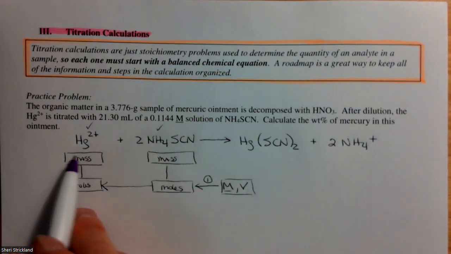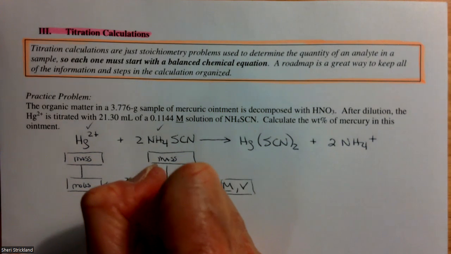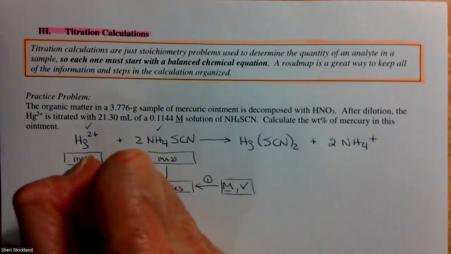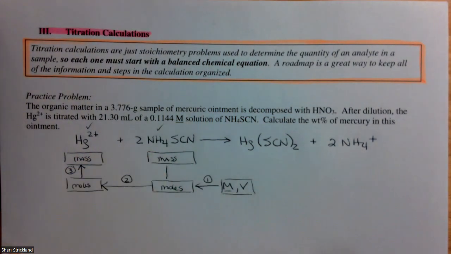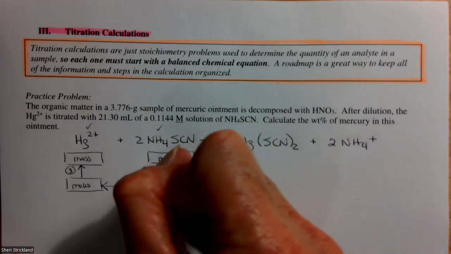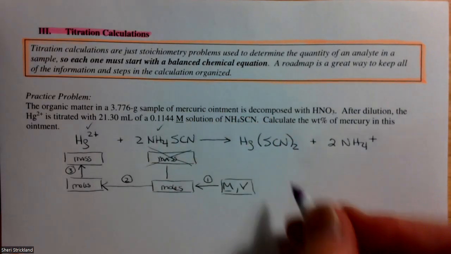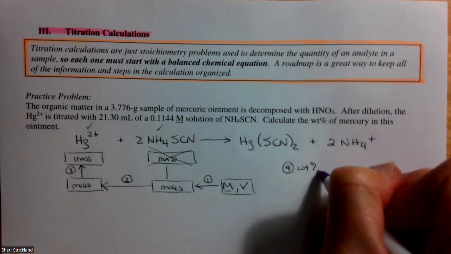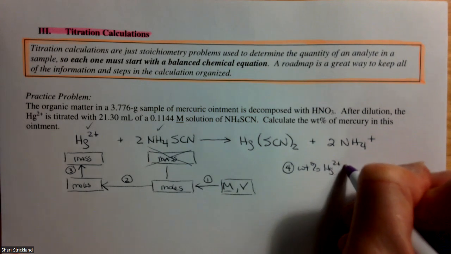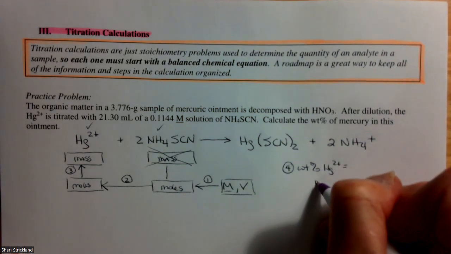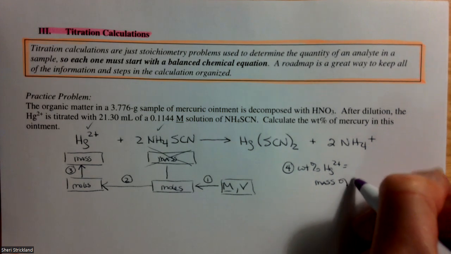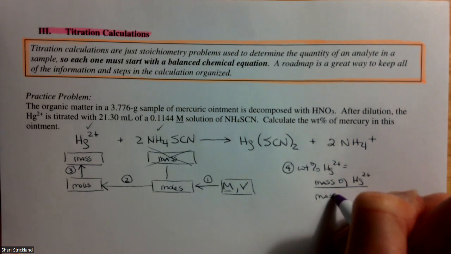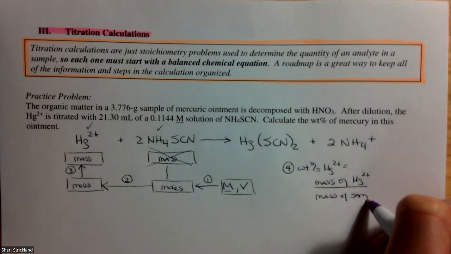And then because we have the balanced equation and we've got the ratio, we can get to the moles of mercury. And then using the molar mass of mercury, we can get to the mass of the mercury ion in our solution. Okay, and then we can do a weight percent, because this will just be the mass of the mercury divided by the mass of the sample times 100.